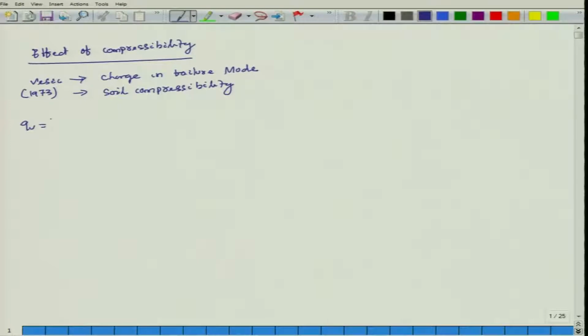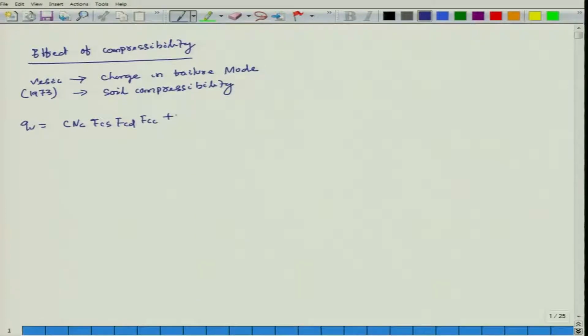So, ultimate bearing capacity qu is equal to c Nc Fcs Fcd Fcc, the shape factor, depth factor, and he added one more factor, the compressibility factor.